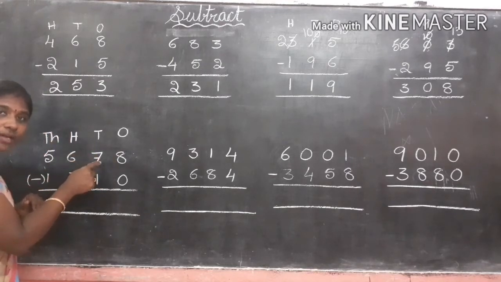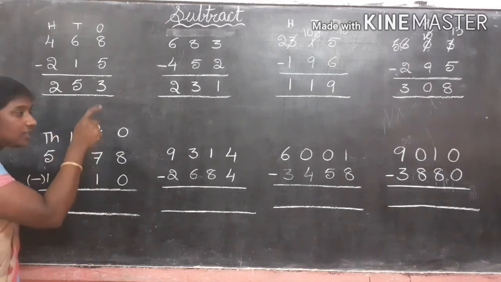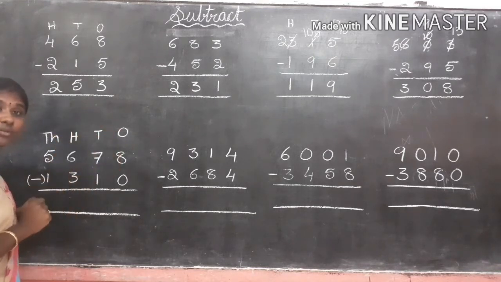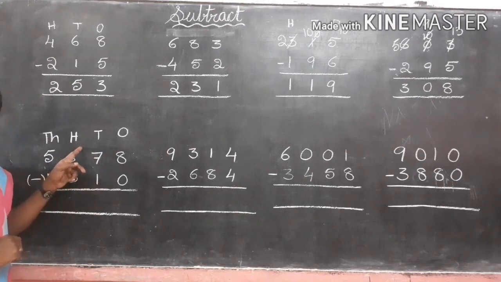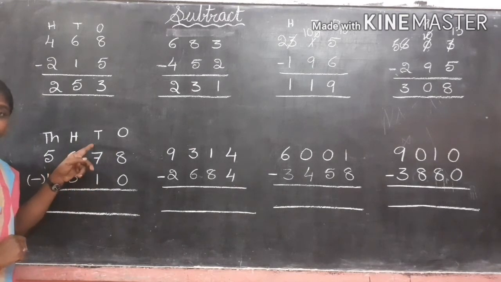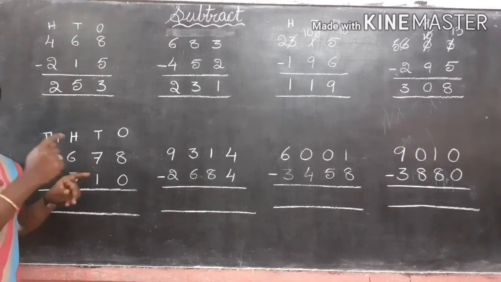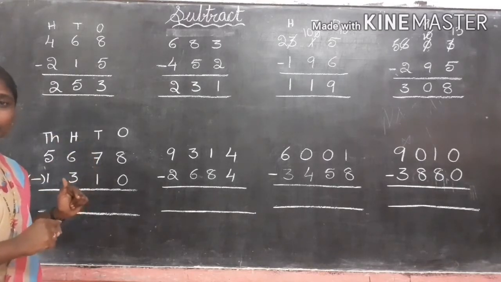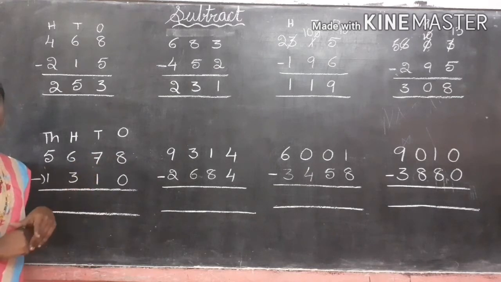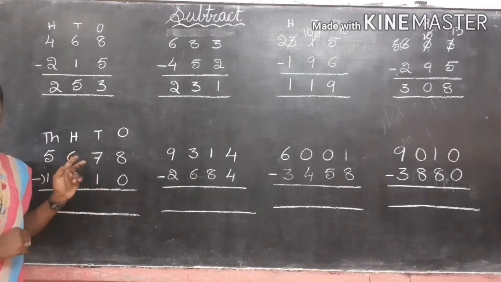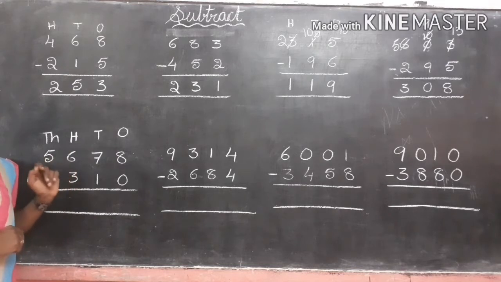Here tens place 2, we are taking borrow. This 1 ten is equal to how many ones in the ones place? 10 ones. So 10. 100 we are taking borrow, but how much are we getting? 10 tens. So like that we are writing 10. Why we are writing 10 means each place should multiply with 10. It increases 10 times.